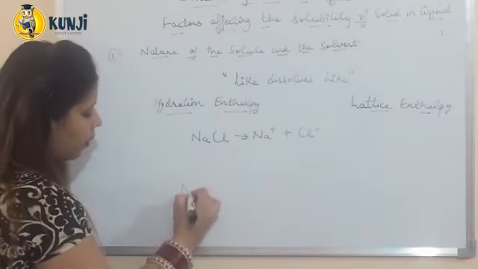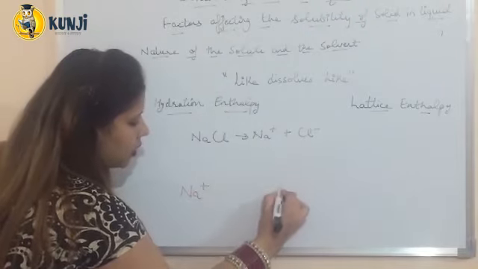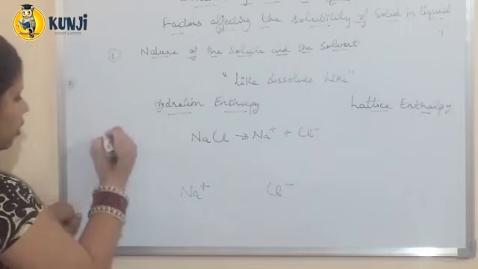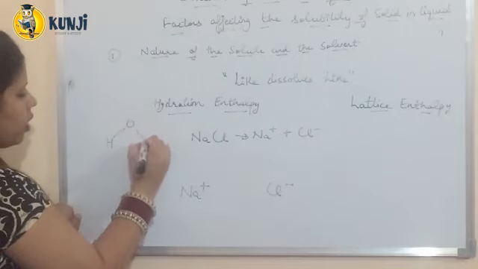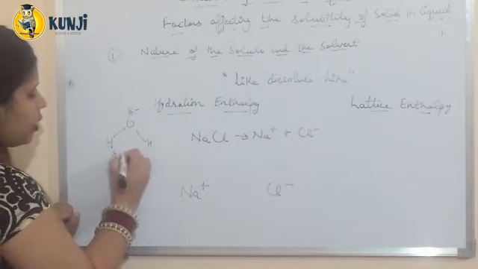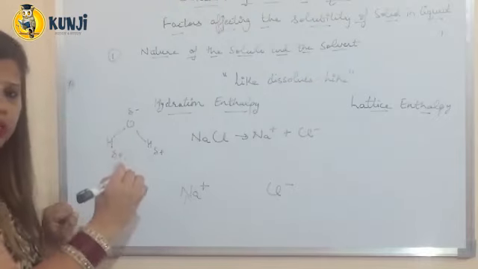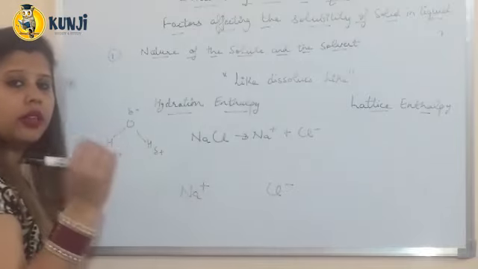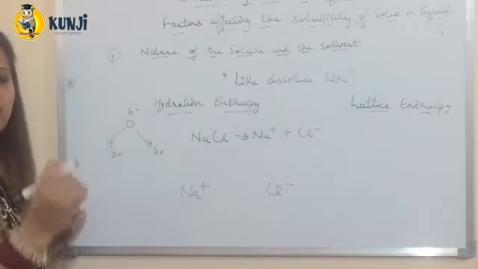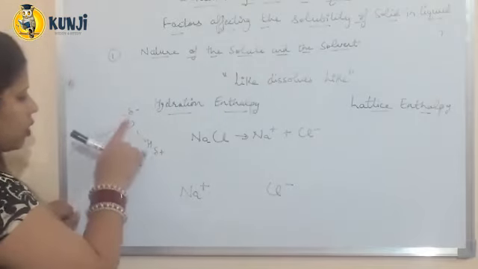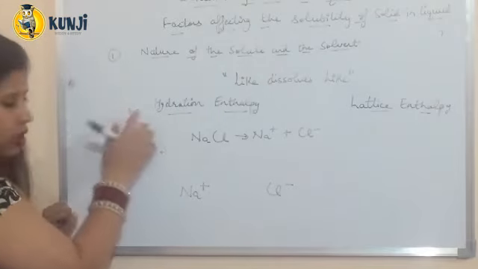Now what will happen? When Na positive and Cl negative dissociates into its own ions, then the water molecules in which oxygen is carrying partial negative charge and hydrogen is carrying partial positive charge, this water molecule surrounds the ion in that way that the opposite charges attract each other. Like Na positive. So oxygen has a negative charge.